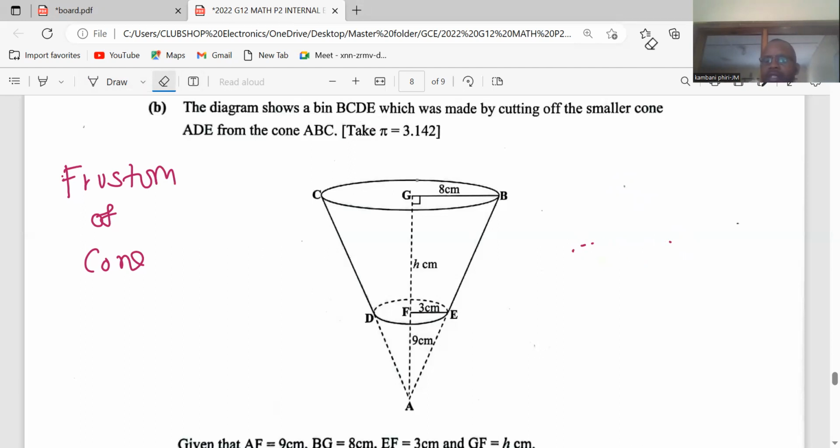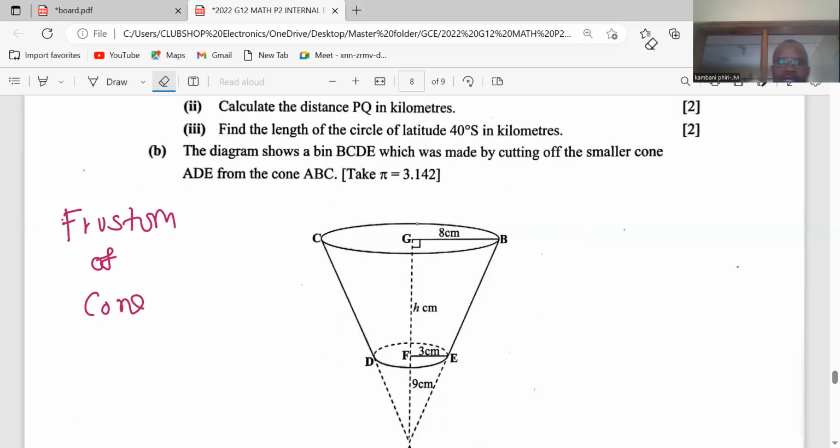But at times, you'll be required to find maybe the volume of a small cone, depending on the diagram that you've been given, or maybe even the radius. Okay, but now let's see what we are being asked to do here.